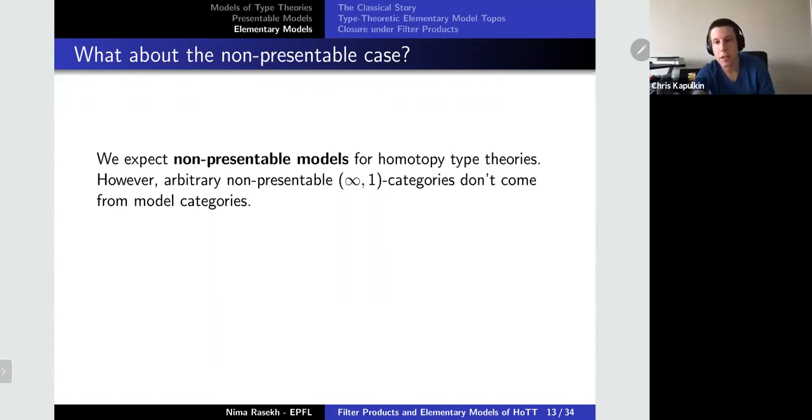Well, I mean, it won't be presentable. No, I agree with that. What I'm saying is, is there definitely a model? Is there an infinity 1 category that is a model for homotopy type theory, but does not come from a model category? I think there would exist a model structure such that the underlying infinity 1 category is equivalent.